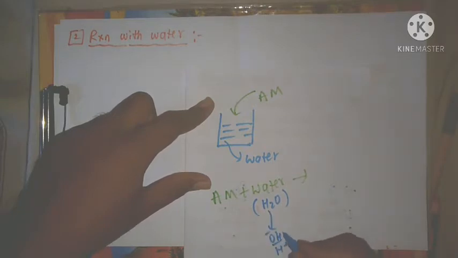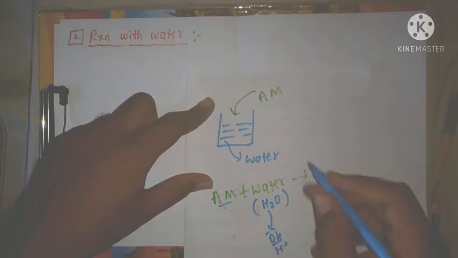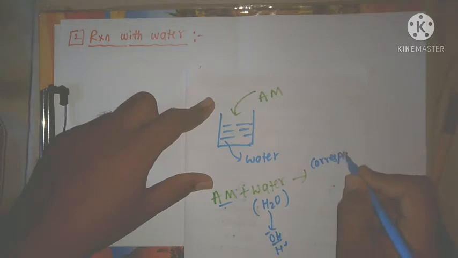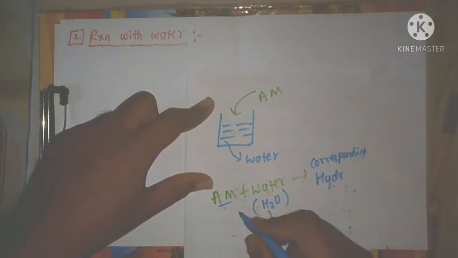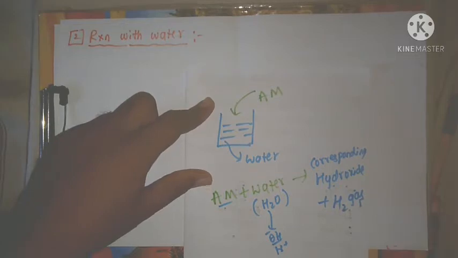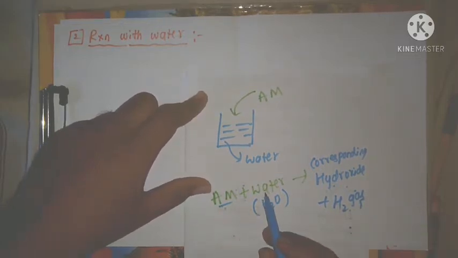This OH minus reacts with the alkali metals to form the corresponding hydroxide, and the H converts into H2 gas.